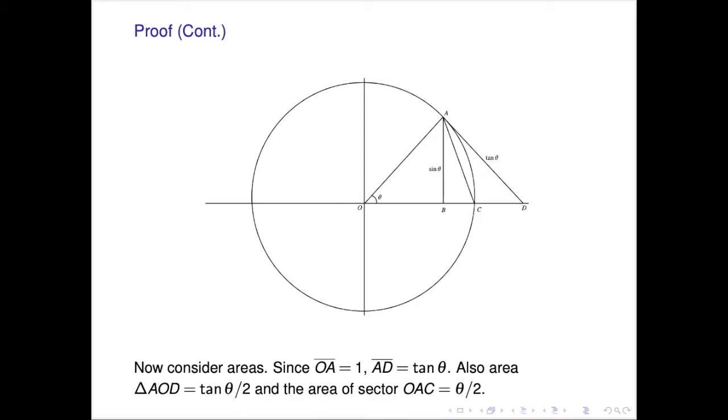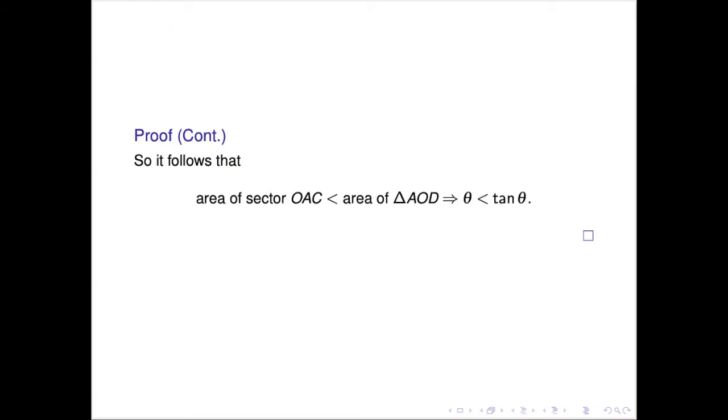Here we use the formula that the area of a circular segment equals half r squared times theta, where theta is the angle subtended by the segment. And so comparing areas, we have that the area of sector OAC is less than the area of triangle AOD, which implies that theta upon 2 is less than tangent theta upon 2, which in turn implies that theta is less than the tangent of theta.